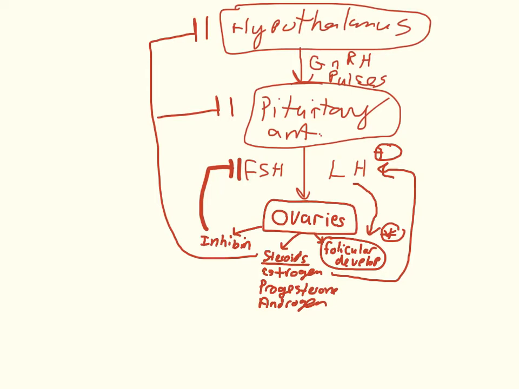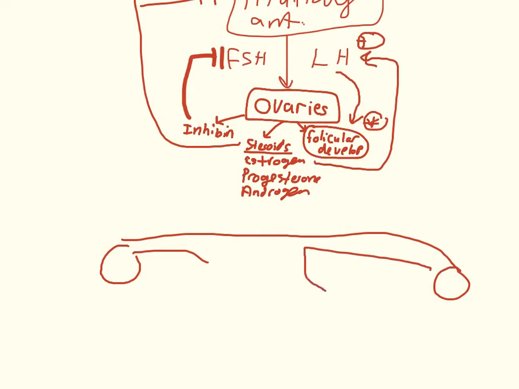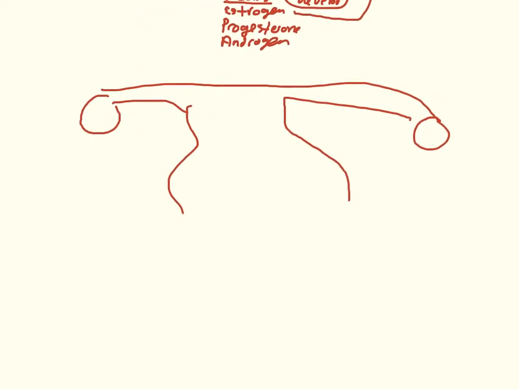Now this and all, well, looks like a nice fun game to play of figuring out where hormones go and where they act, but what we really want to get down to is the uterus. So here's our ovaries, and here is the uterus. I have my vaginal orifice and my vaginal canal there.